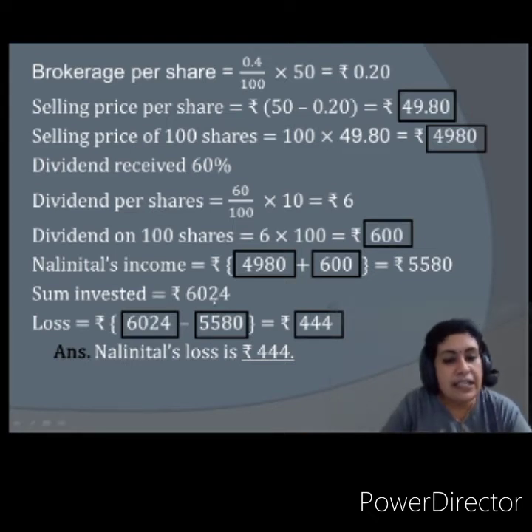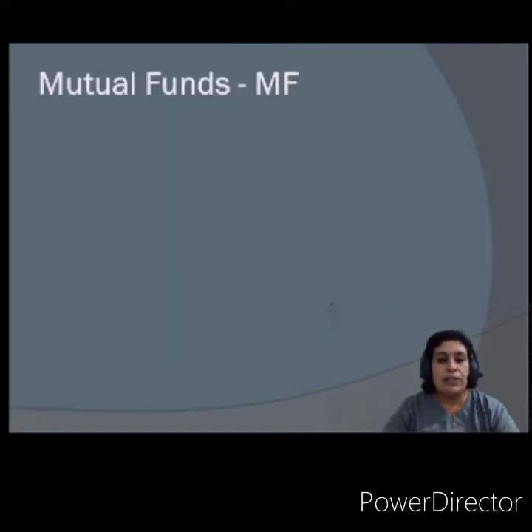She invested 6,024 and received 5,580, so she has a loss of rupees 444. So Nalini Tai has incurred a loss of rupees 444. I hope this example is clear to you. This is your textbook example only. So let us proceed further.